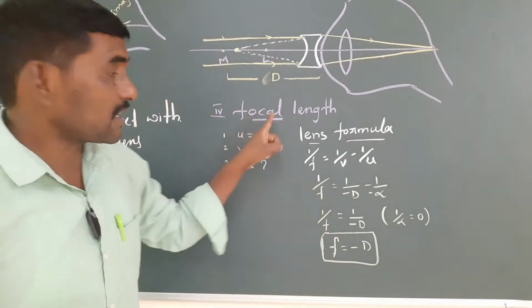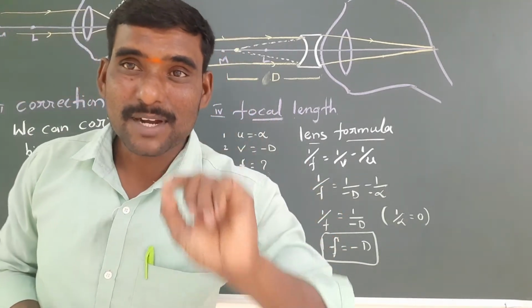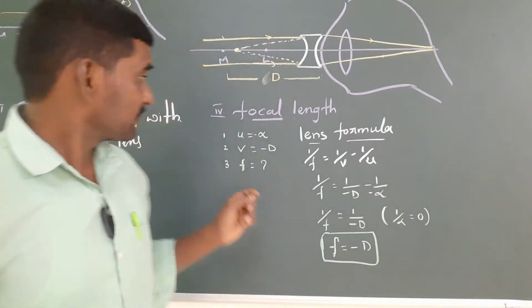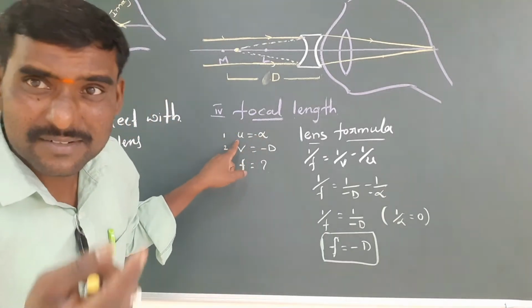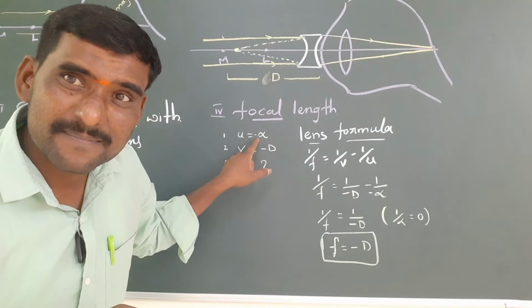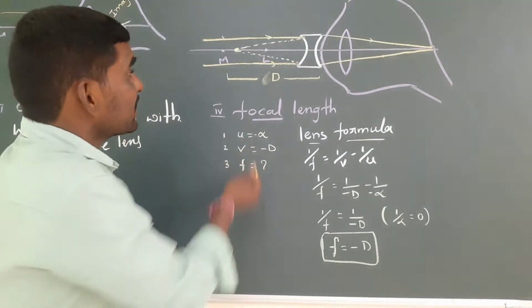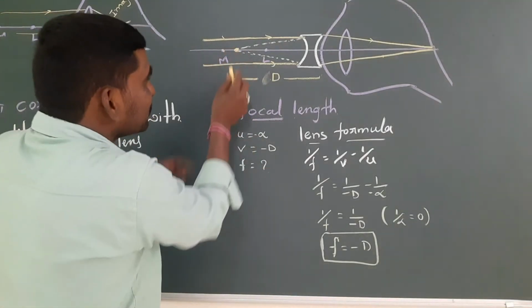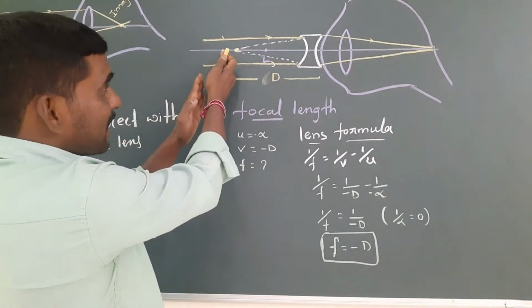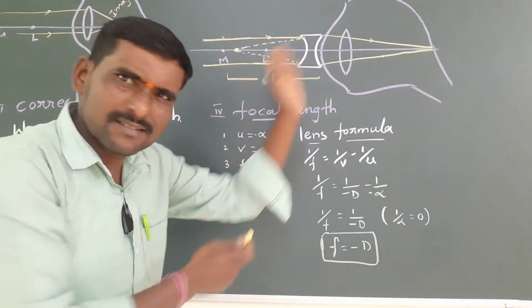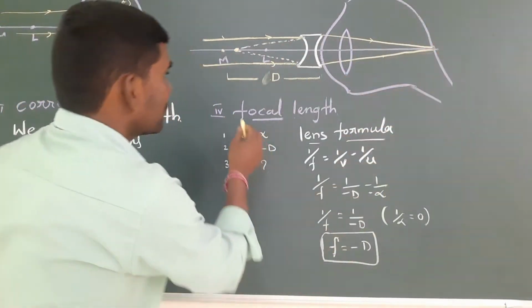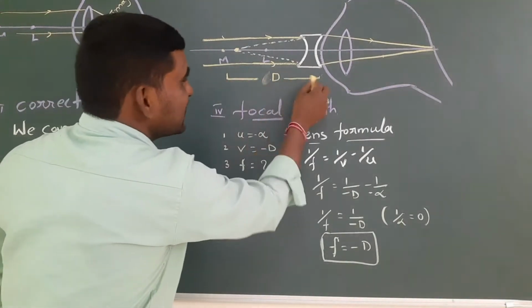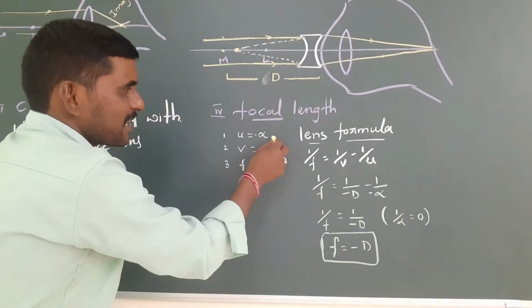See, the focal length of a myopic person. Where should I keep the object? At infinity. The image should form up to M, and if it forms, that person can see. So I am taking this as D, capital D. This is minus, this is also minus.